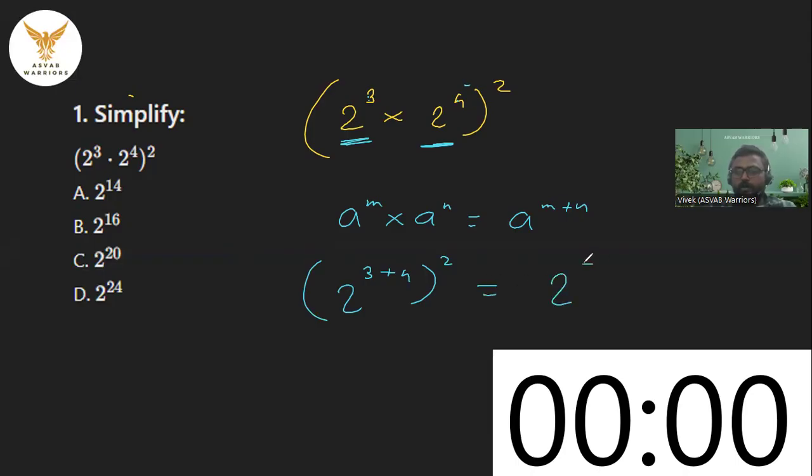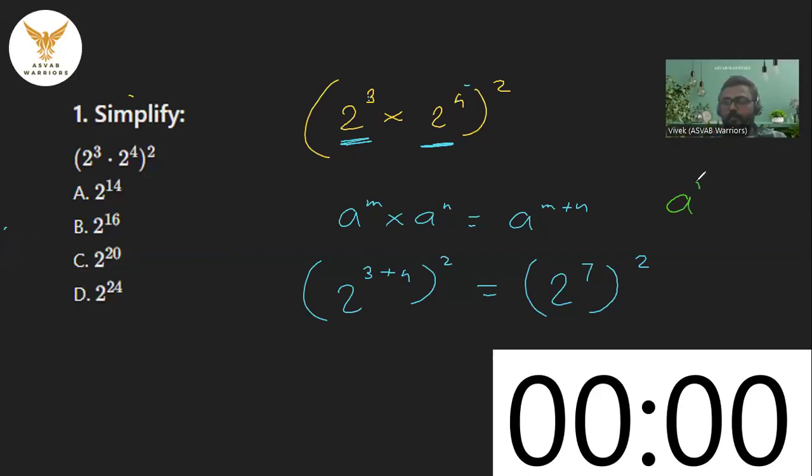This becomes 2 to the power 7, to the power 2. Now we apply the power to the power law, which is a to the power m to the power n, which is nothing but a to the power m times n. So we would get 2 to the power 7 times 2, which is nothing but 2 to the power 14. So option A is correct. Did you understand it, Valeria? Yes, let's move on.